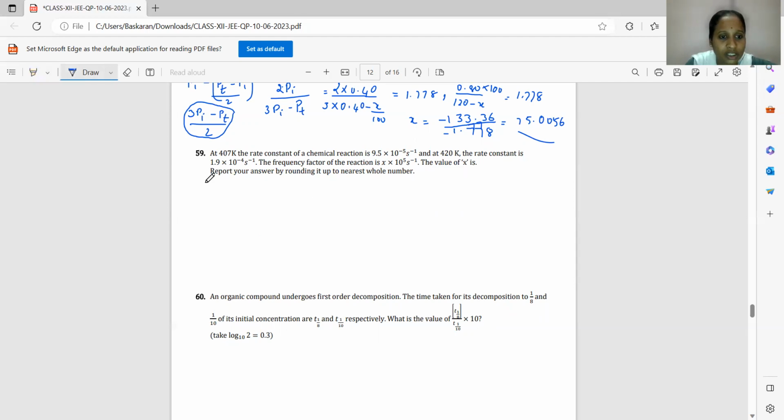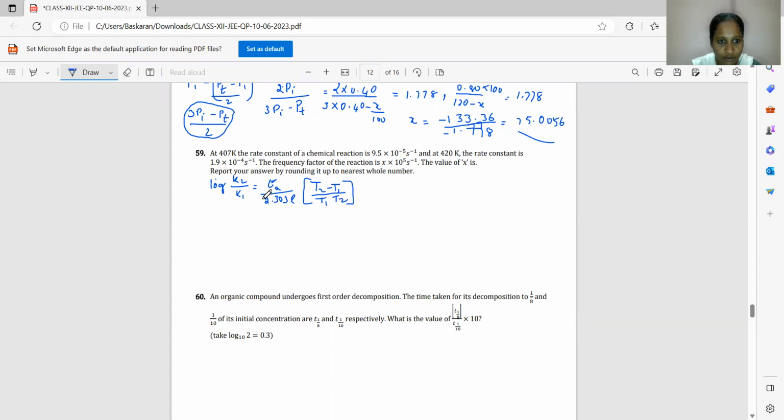So what is the formula? log K2 by K1 is equal to Ea by 2.303 R into (T2 minus T1) divided by T1 into T2.